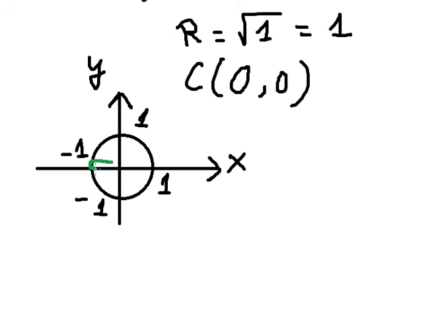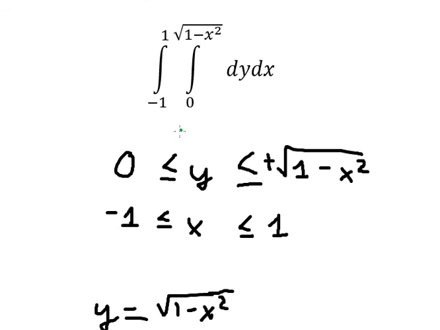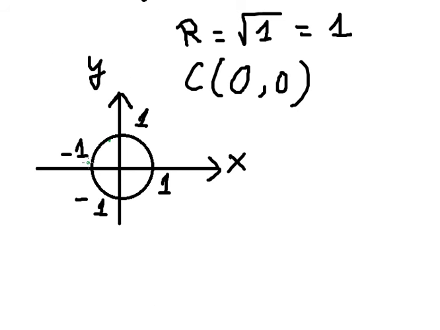This one is y equals 0. So the area should be this one in here. And we have the bounds from negative 1 to positive 1. So the area we need to concentrate on should be this one.